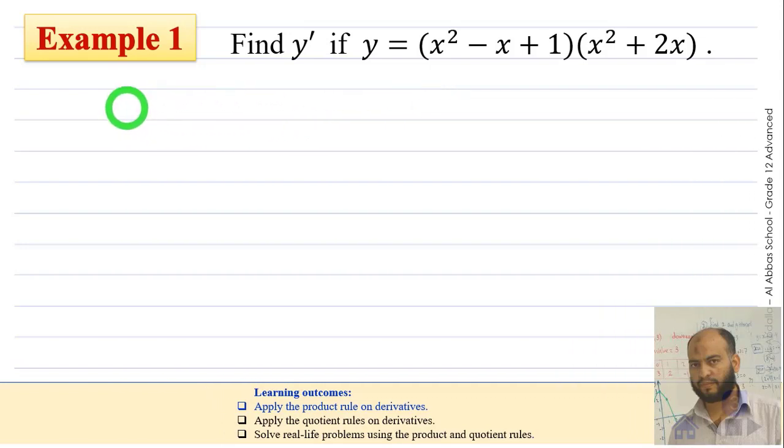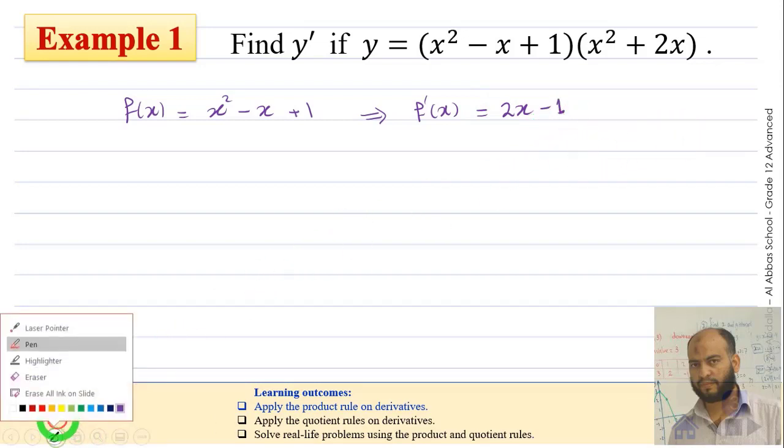First function is f of x equals x to power 2 minus x plus 1. Then we can find the derivative of f of x. f prime x equals 2x minus 1.